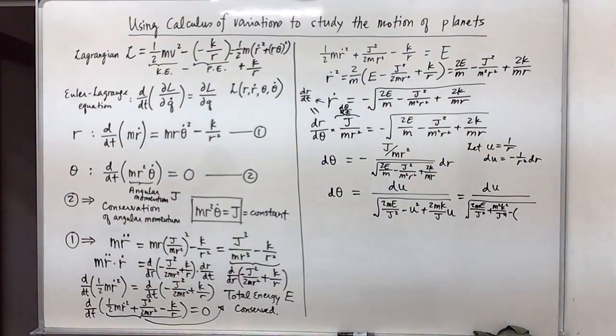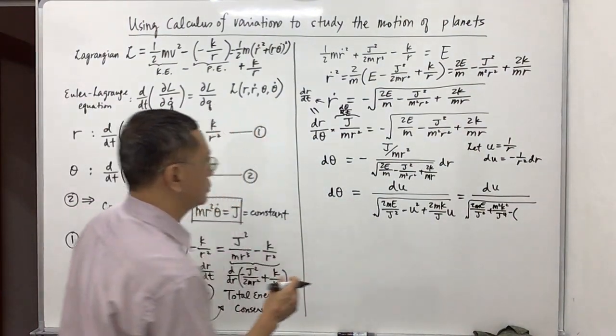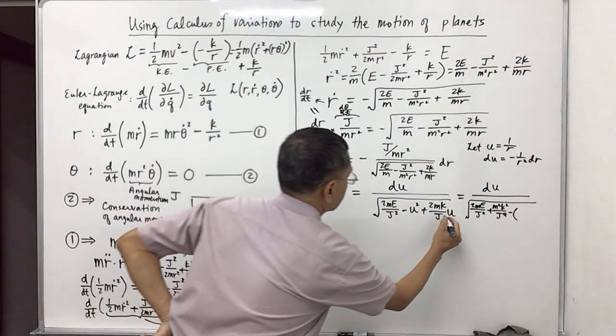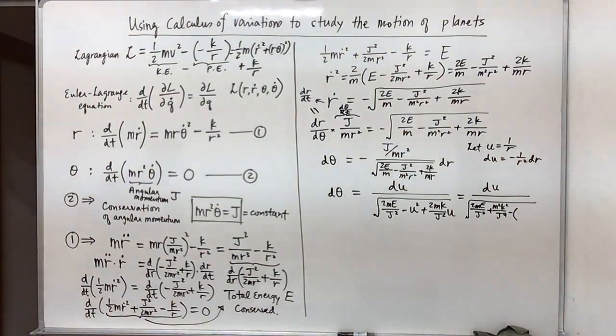2k over, let me see. When we plug that in, we should get 2k over, oh sorry, 2mk over, yeah, I missed out a little j squared here. 2mk over j squared u.